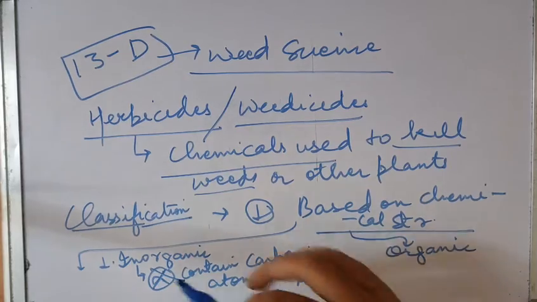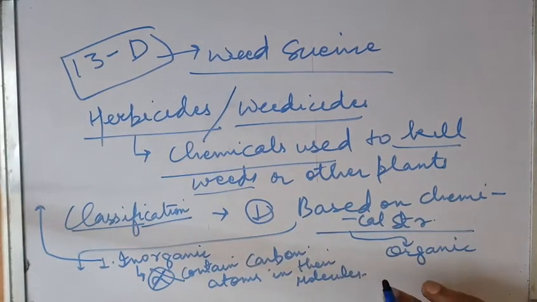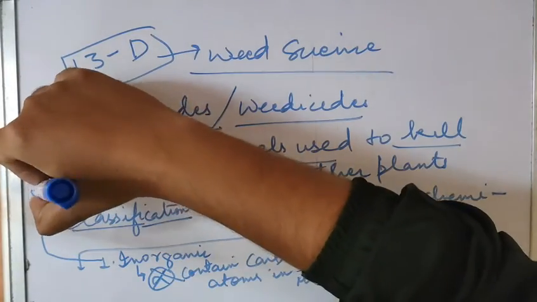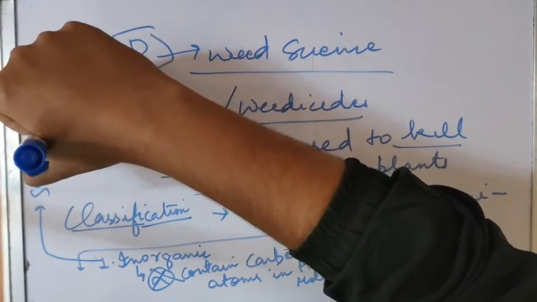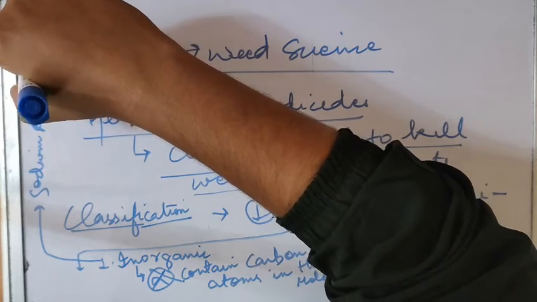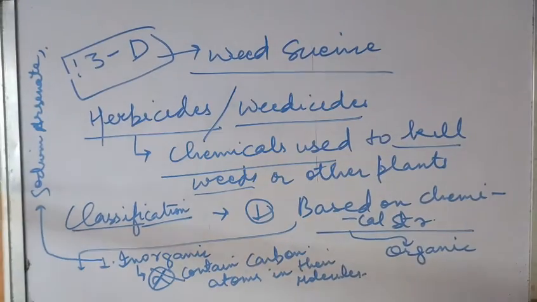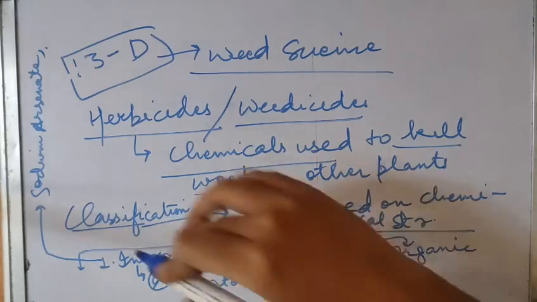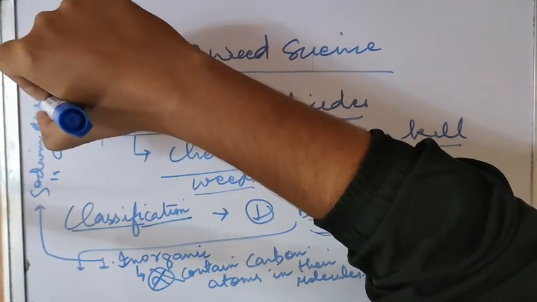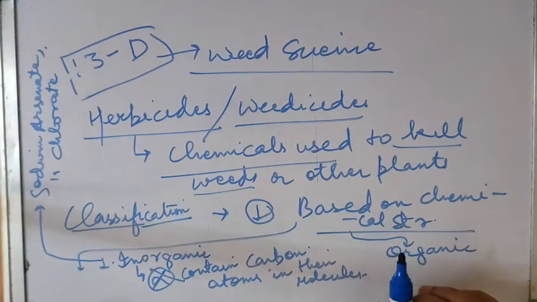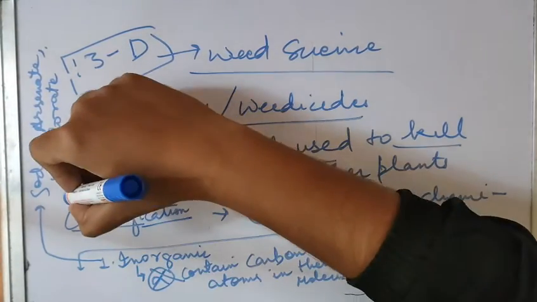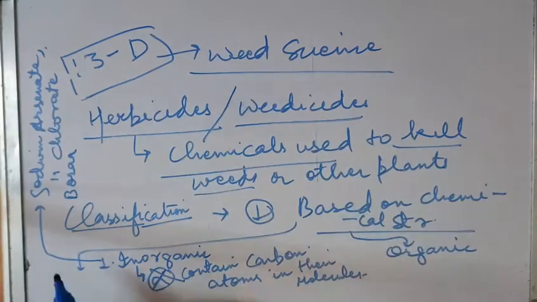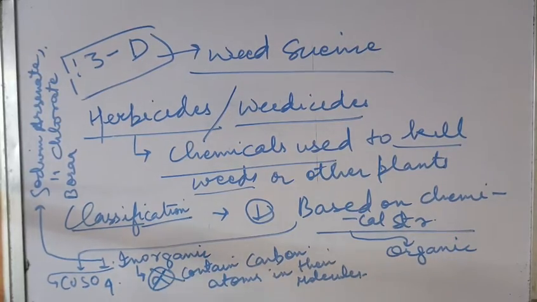So these are inorganic. Examples of inorganic herbicides are sodium arsenate, sodium chlorate, borax, CuSO4, and copper nitrate.